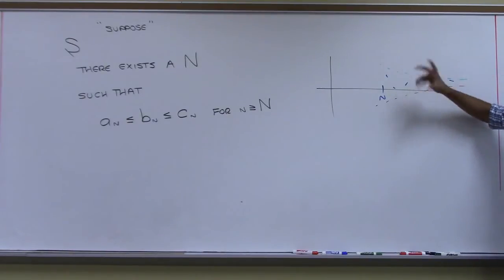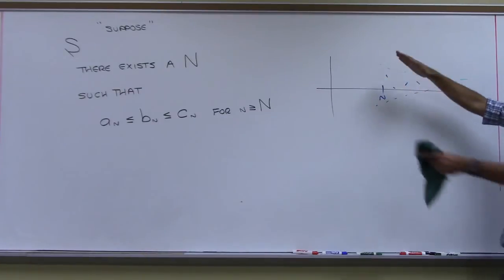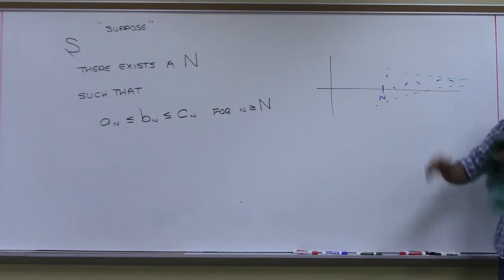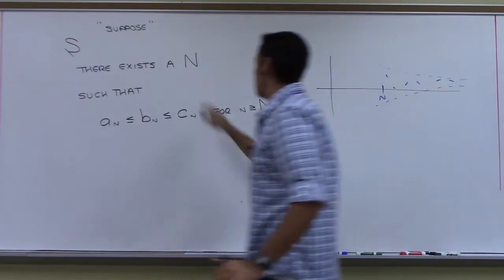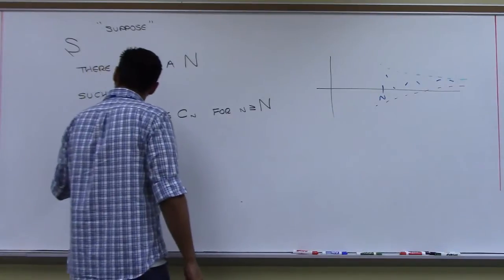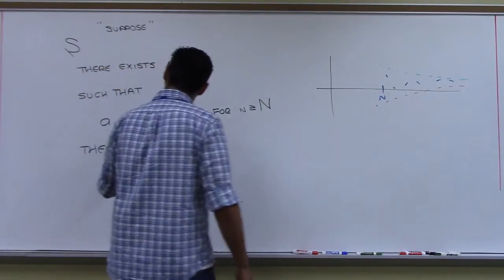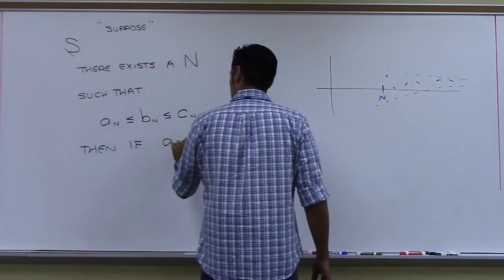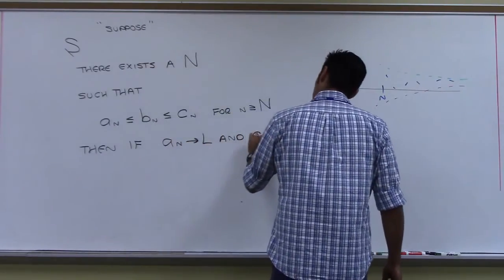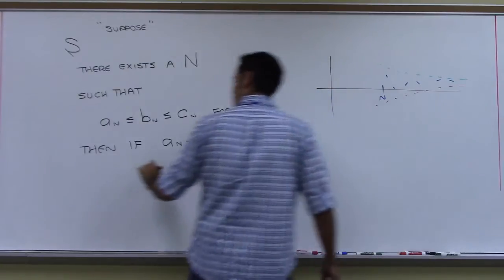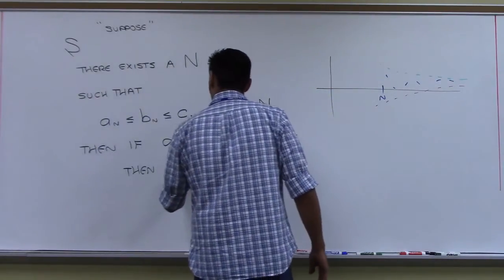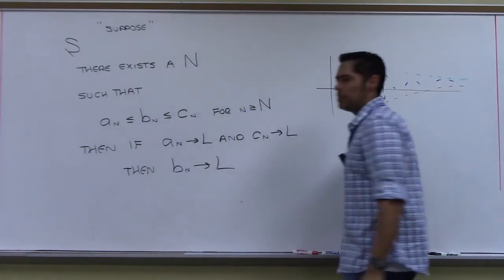I think I got my A's and B's flipped in my pictures, but do you understand it's the same concept? It's like a funnel. We're funneling this thing in between. So suppose there's a capital N where this holds. Then, if A sub n goes to L and C sub n goes to L, then B sub n goes to L. That's the conclusion.